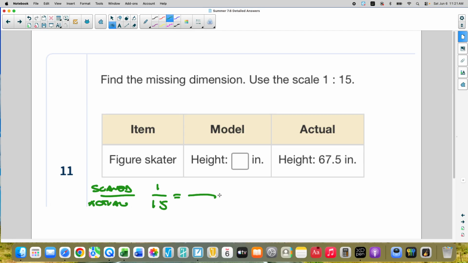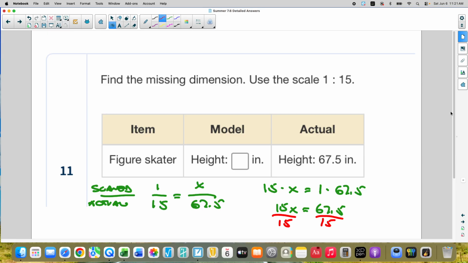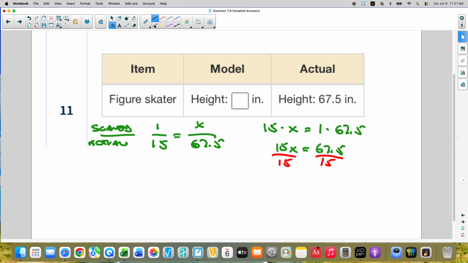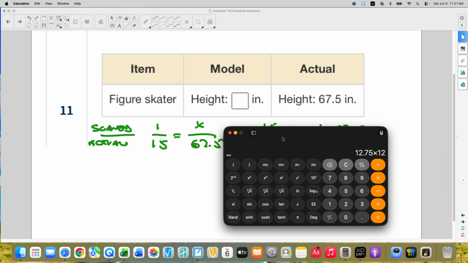So we're going to put 67.5 in for actual, and we want to find its x. So 15 times x equals 1 times 67.5. 15x equals 67.5. We'll divide by 15.